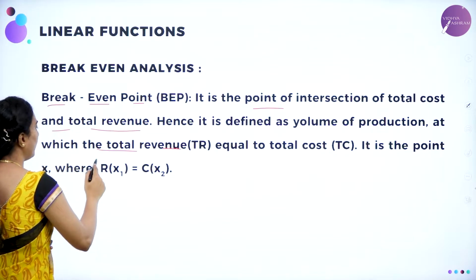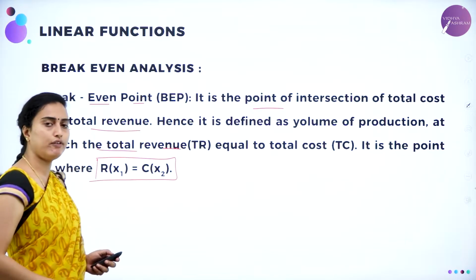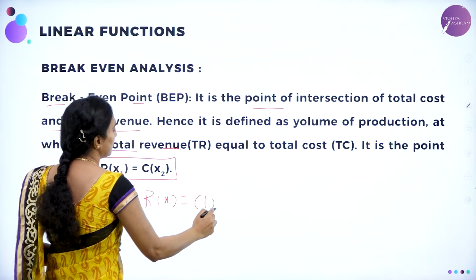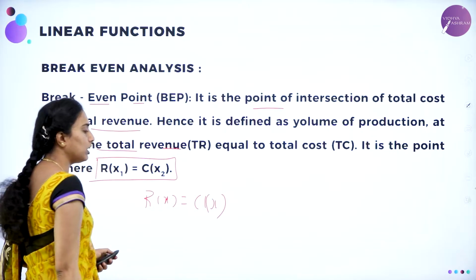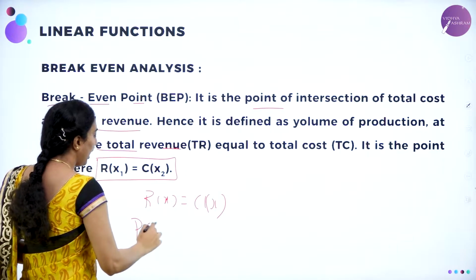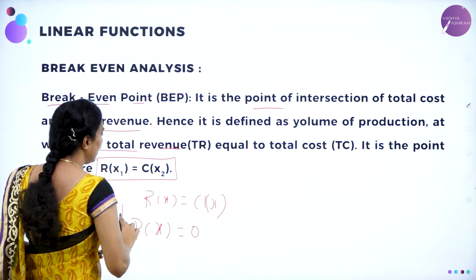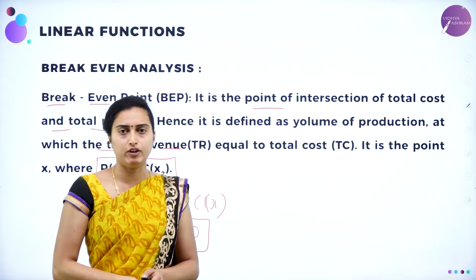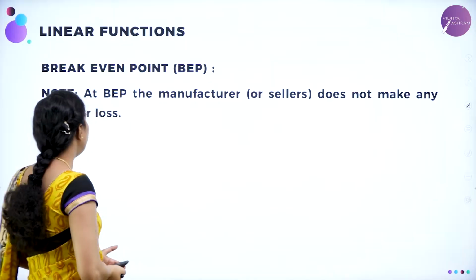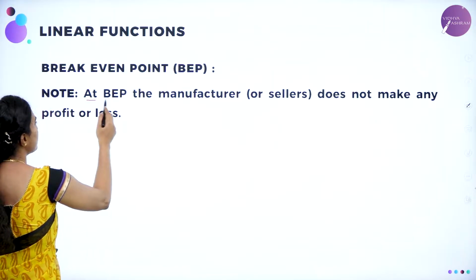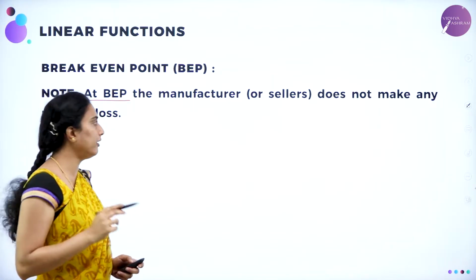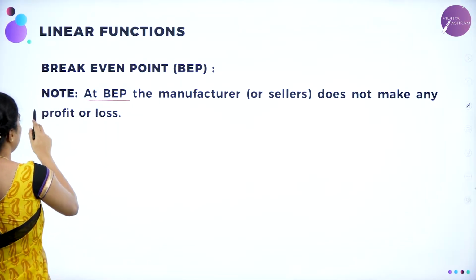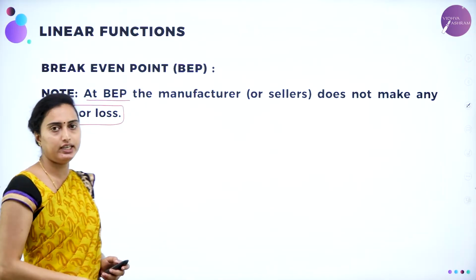It is the point where R of X is equal to C of X. That means whenever R of X is equal to C of X, the profit will be equal to 0 at the break-even point. I hope you understood this one. We'll be moving on to a note: at BEP, the break-even point, the manufacturer or the seller does not make any profit or loss, as I told you already.